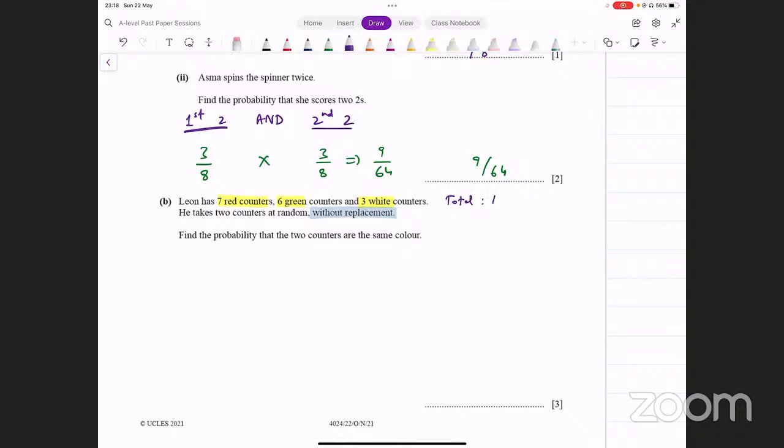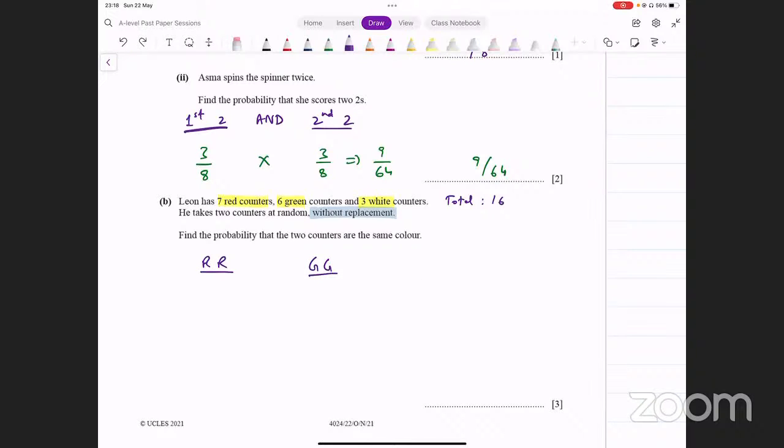Total counters आपके पास 16 है. ठीक है? Now, we want to find the probability that the 2 counters that he takes are the same color. अच्छा, अब same color के पे क्या-क्या possibilities हो सकती हैं? Same color का मतलब है या तो दोनों red हो. That's one possibility. Both are red. Another possibility is that both are green. And another possibility is that both are white.